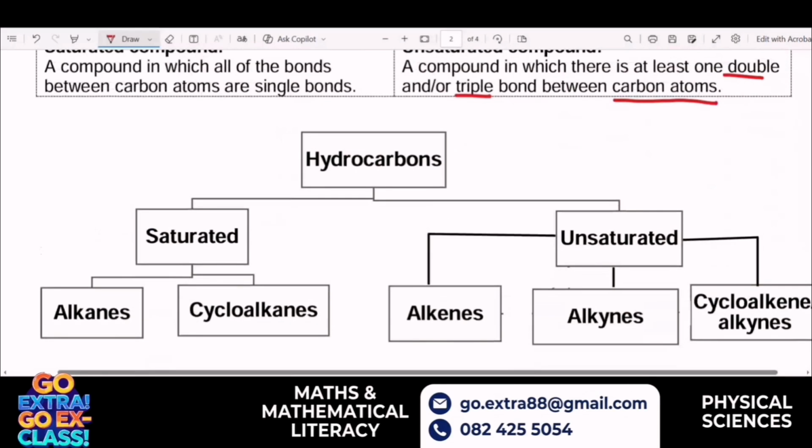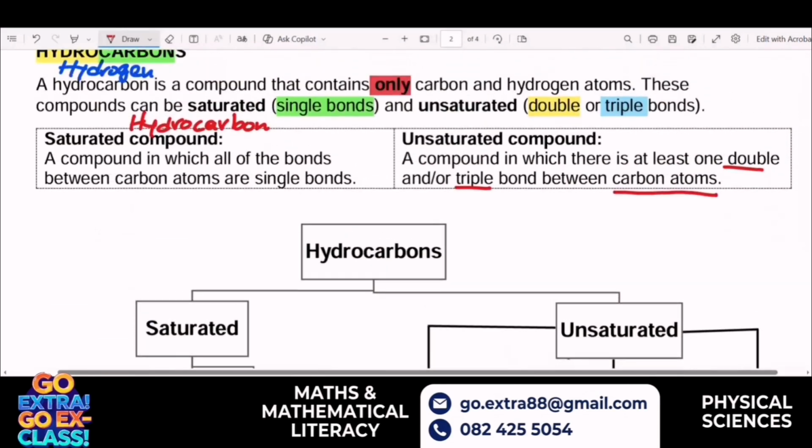Now let's get into the groups of these hydrocarbons. I want to explain something here, so I'm just going to summarize this. We have two groups of hydrocarbons.